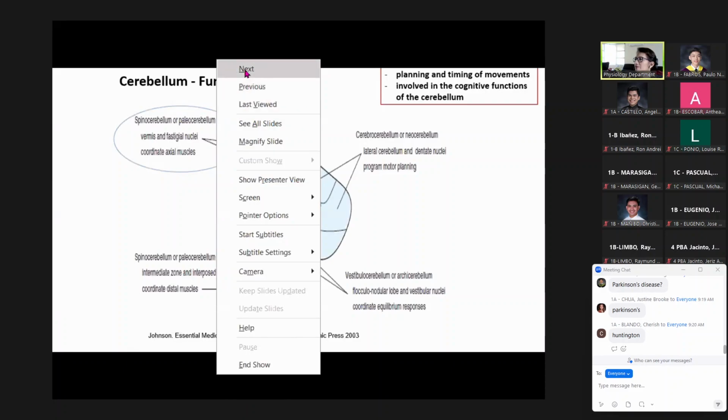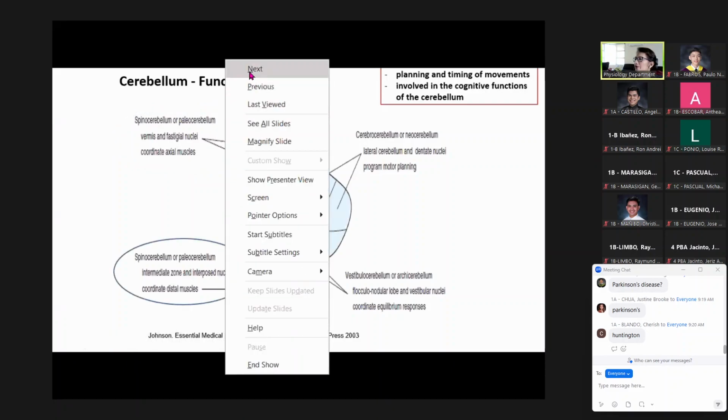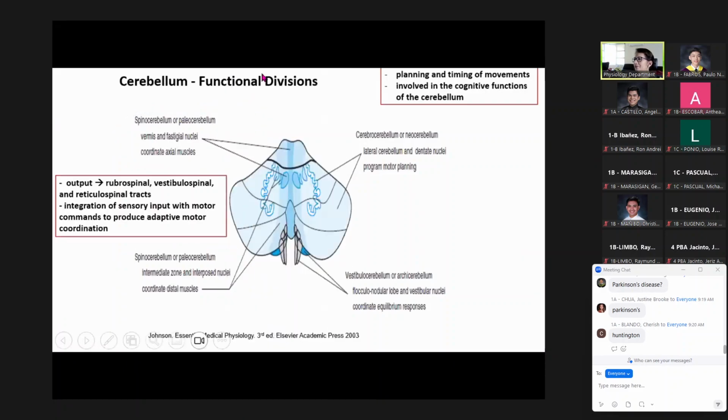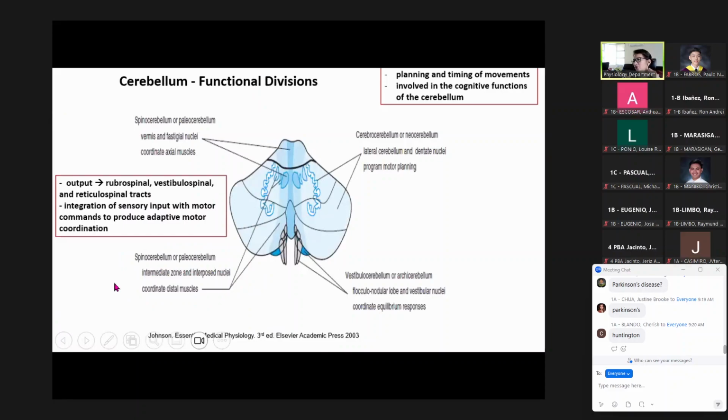So the spinocerebellum has something to do with the integration of sensory input, okay, with motor commands to produce adaptive motor coordination. Okay, so the output, nasa gitna, ayan, spinocerebellum, in the vermis and in the intermediate portion. So the output is through your rubrospinal, vestibulospinal, and your reticulospinal tracts.